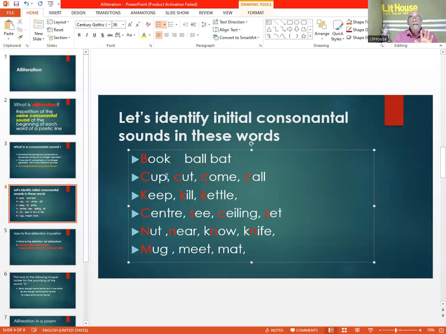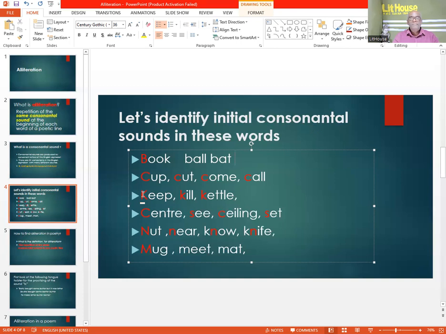We do not sound them as sup, sat, some, soul. Because this letter C produces the sound K. The initial sound is K, but the letter is C. Remember.